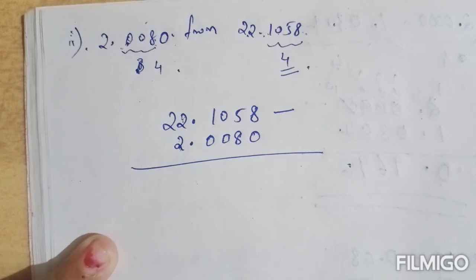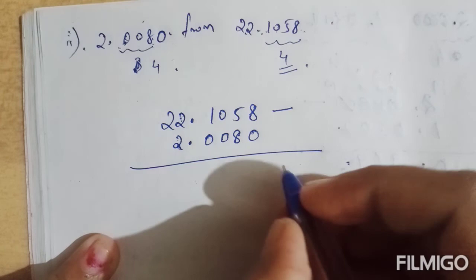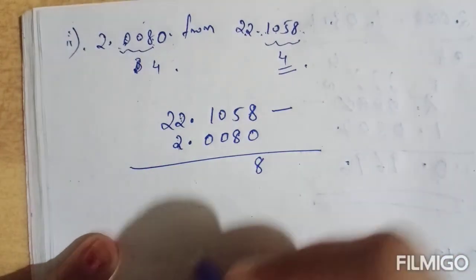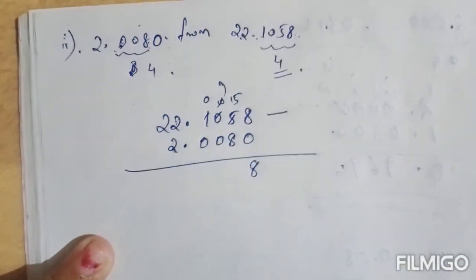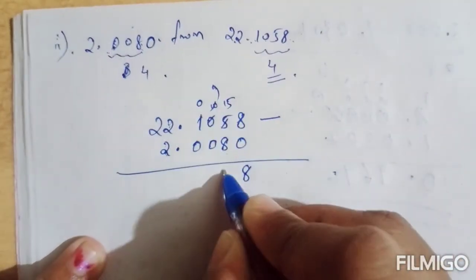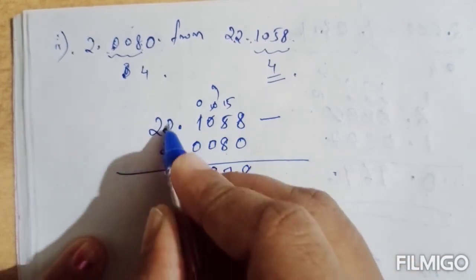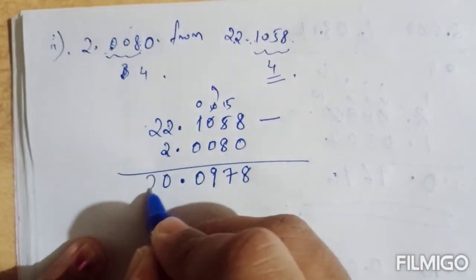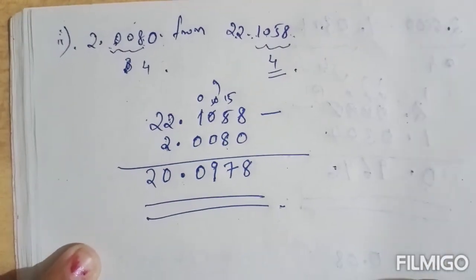So 22.1058 minus 2.0080. On subtracting, what you will get? 8. Here 15, here 10, then 9, here 0. So 7, now here 9, here 0, the point is coming. 2 minus 2, 0, 2. 20.0978 will be the answer.